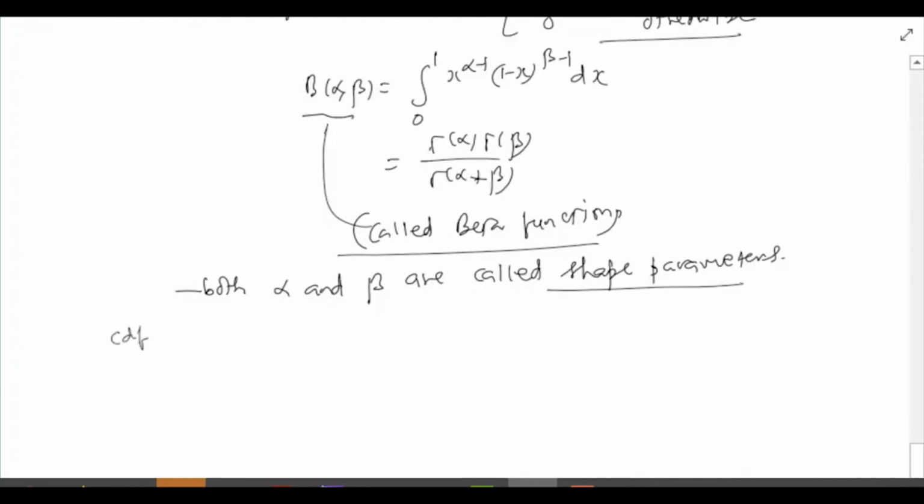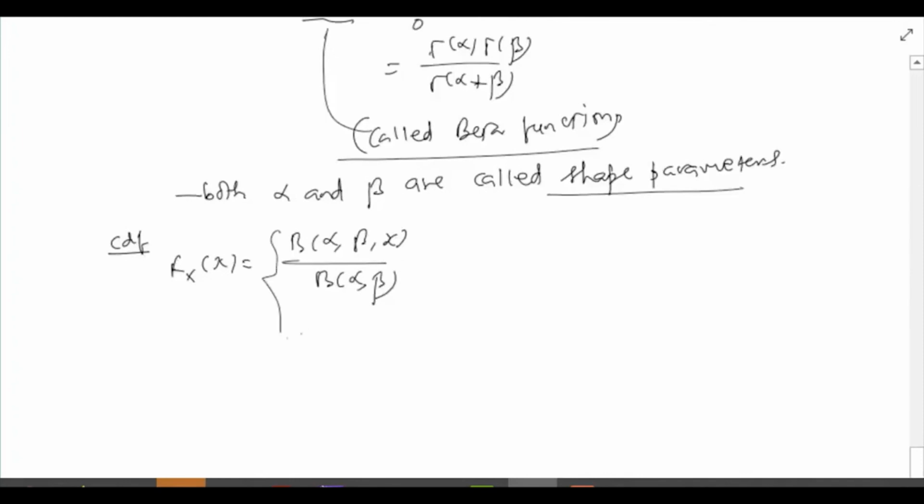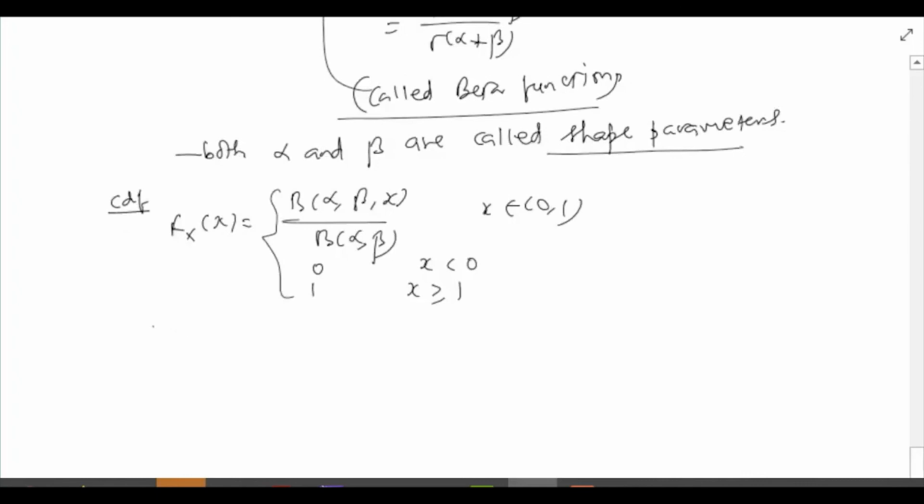The CDF of beta distribution, F(x), can be written as follows. F(x) is B(alpha, beta, x) divided by B(alpha, beta) for x in (0, 1), it is 0 for all negative values of x and 1 for all values of x greater than or equal to 1.